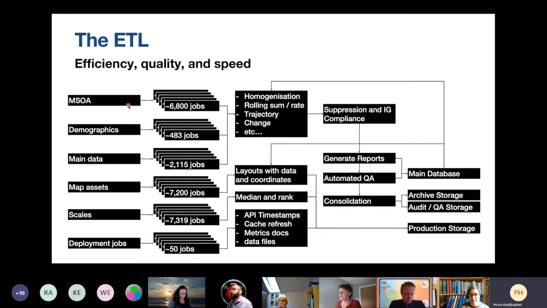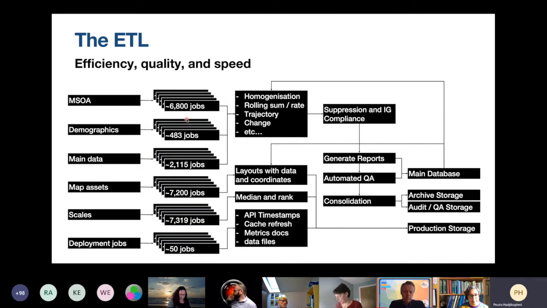In some cases files, in some cases service messages, and then submits them into our distributed computing system, where something in the scope of 90 different computers, each containing 4 CPUs, so that's 90 by 4 instances, run these jobs at the same time. So when you see 6,800 jobs in here, that takes about 5 minutes to complete. If you were to run this on one single computer, it would probably take 2 days to complete.